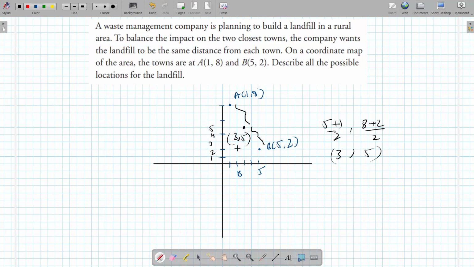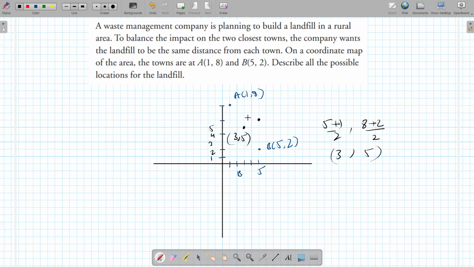Now, can the landfill be anywhere else so that it's equidistant to those two cities? If it wasn't on that line anymore, then it could be. What if it was here?